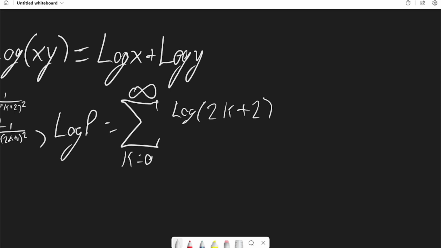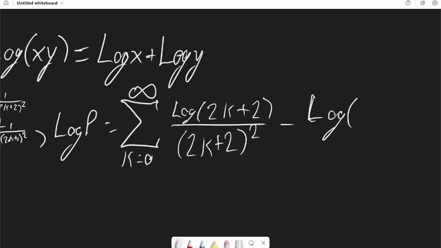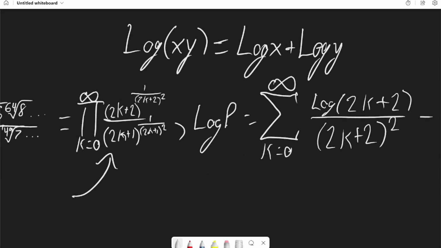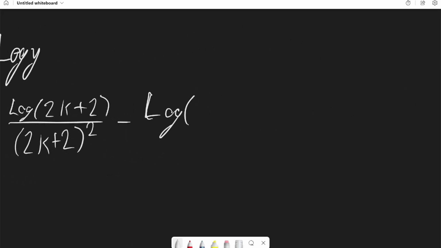So you have a much greater repertoire with series, or with sums rather. So it's just going to equal this. Now you take the log. It's going to be the log of (2k plus 2) divided by (2k plus 1), all squared.